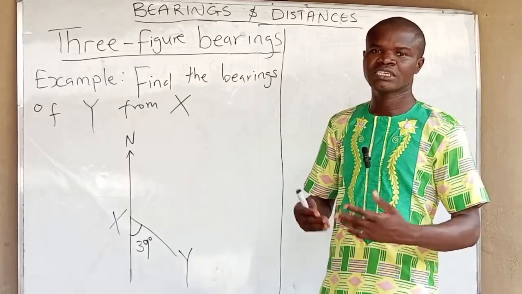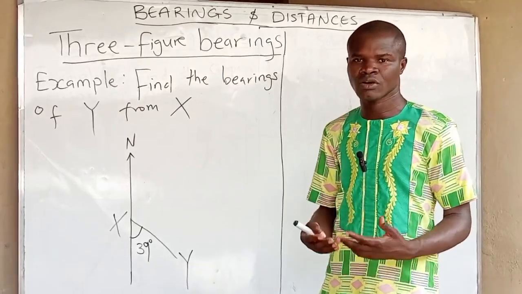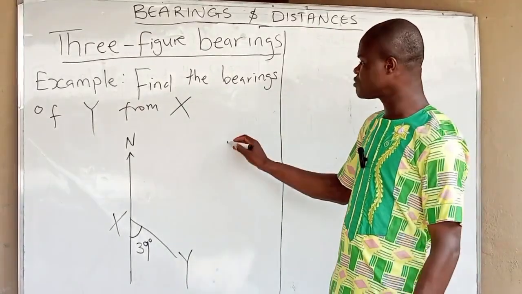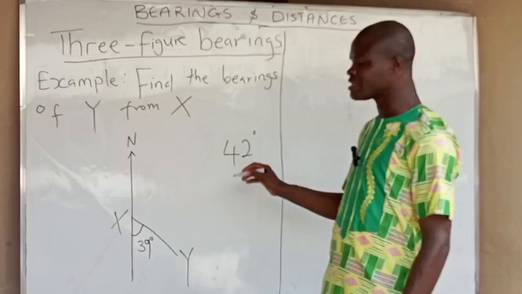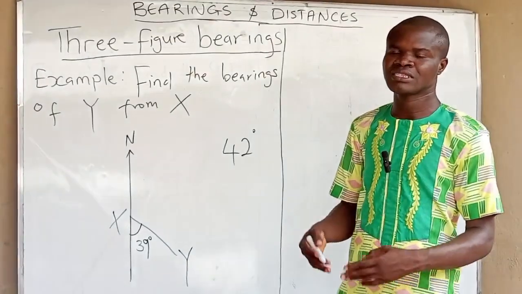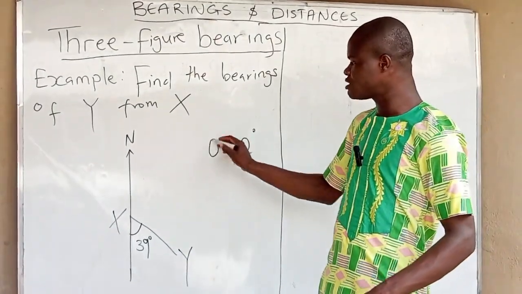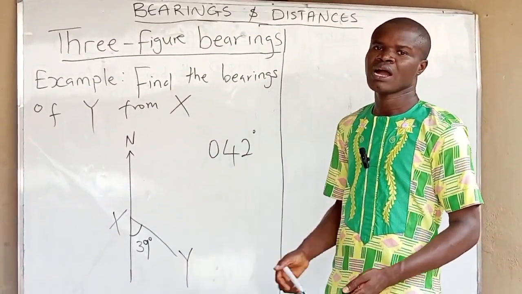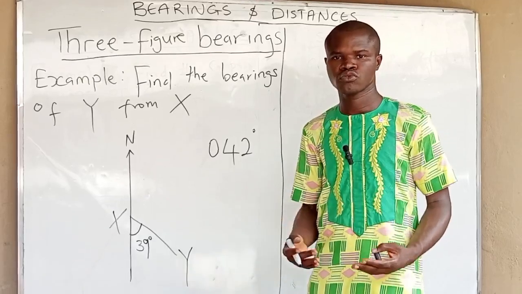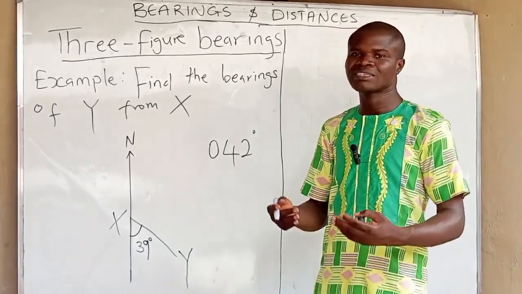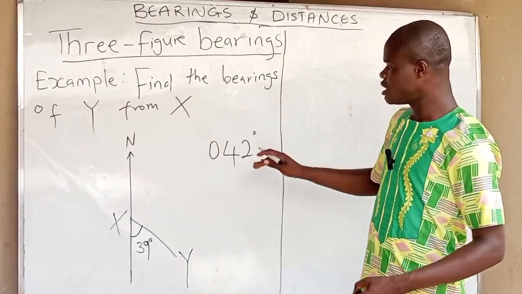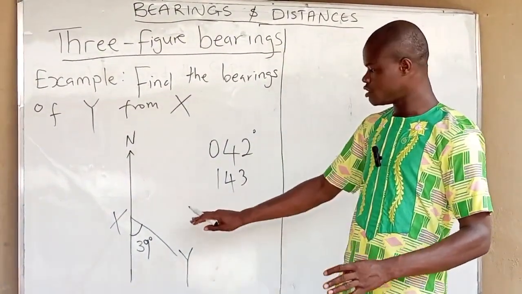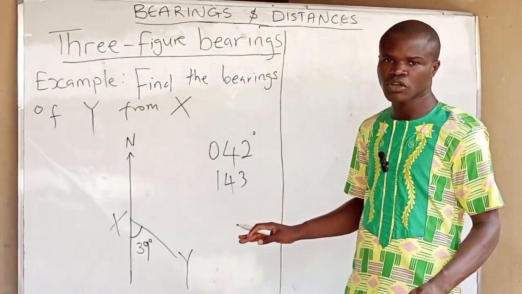That is to say, if you have a 2-digit answer, let's say 42 degrees, all you need to do to make it a 3-figure is to put 0 behind the 42, and that becomes 042 degrees. But if your answer is 3 digits, let's say you got 143, it is already a 3-figure, so there is no modification to be made.